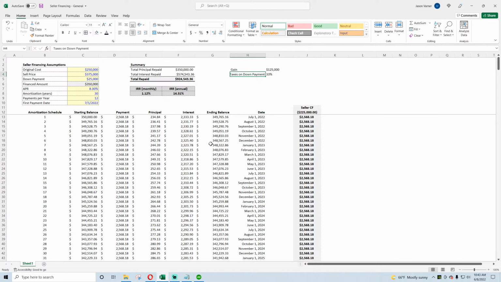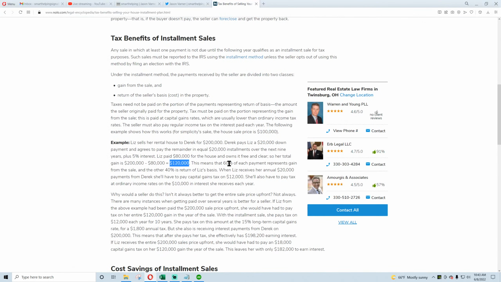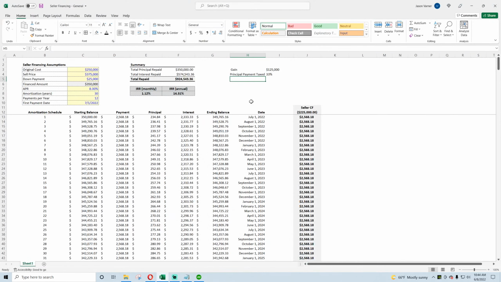So principal payments taxed at 33. Again, the other 4% is return of basis, and return of basis is the inverse of that, obviously.